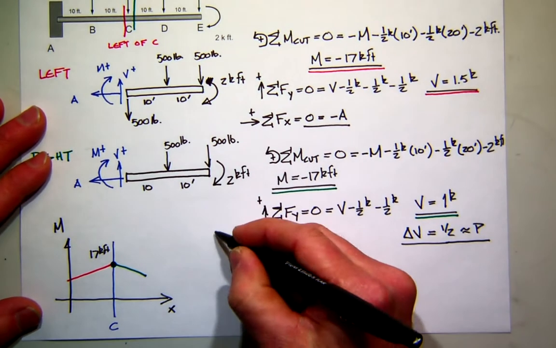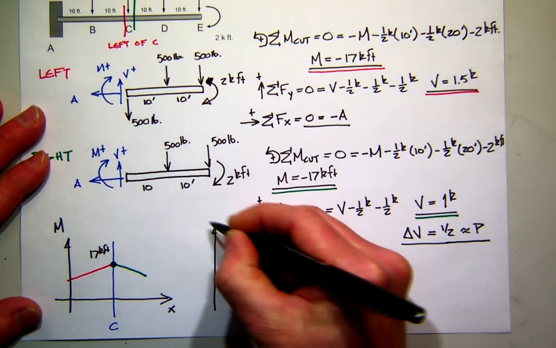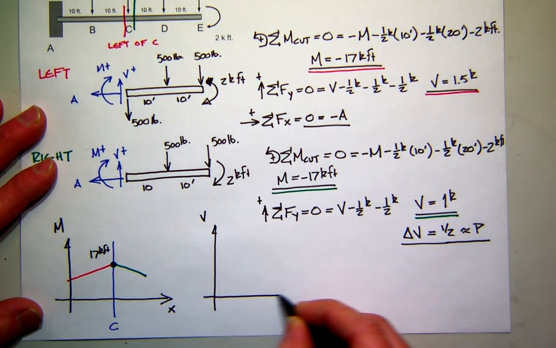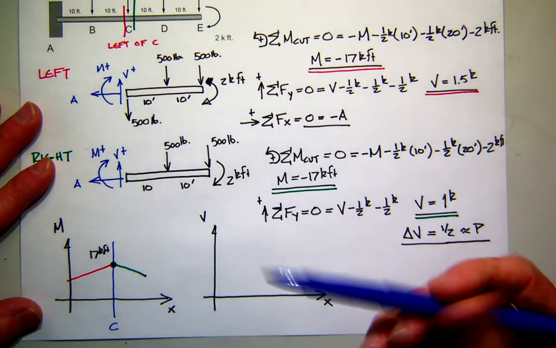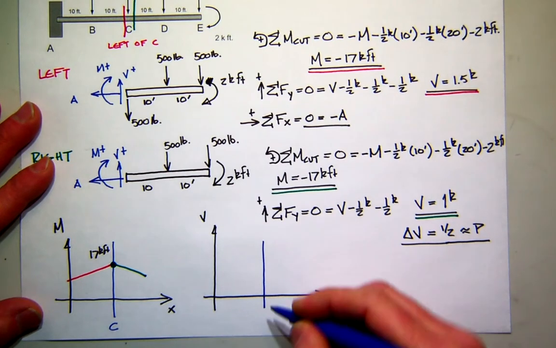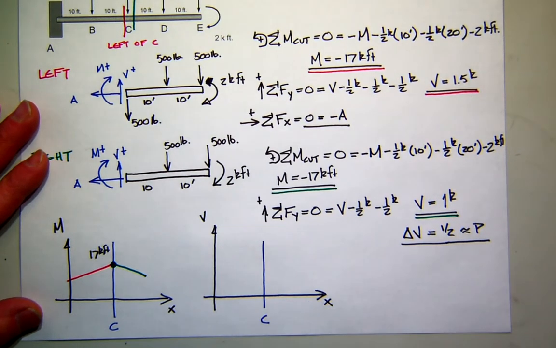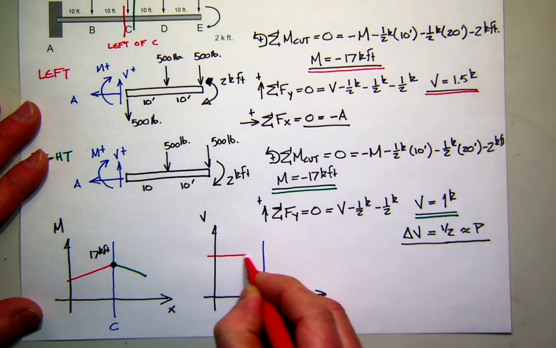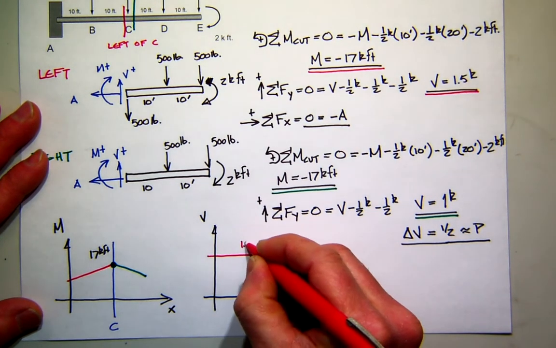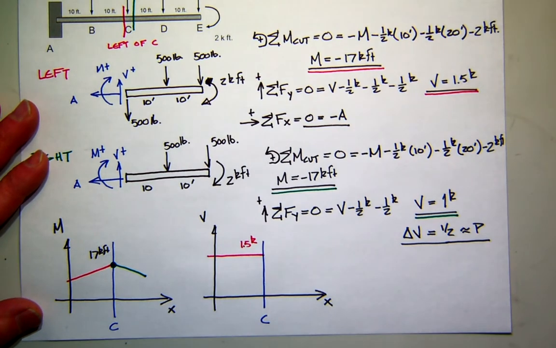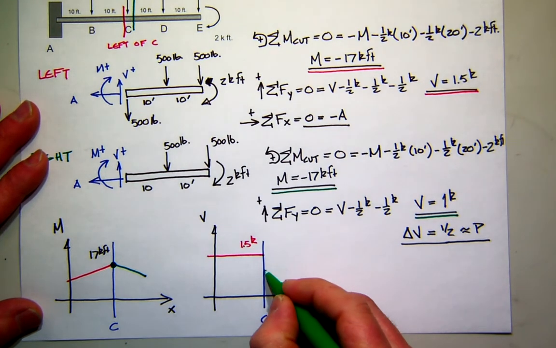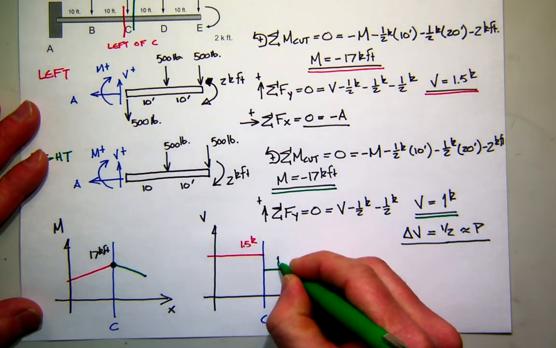Maybe this will help if I plot the same kind of characteristics, except this time we'll look at shear. You might see what I'm talking about. So I'm coming from the left side, and I have a shear of 1.5. And then suddenly, I hit that force, and I pass out the other side at a shear of 1 kip.